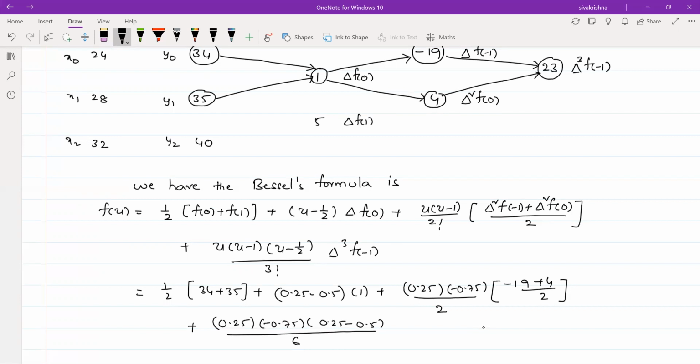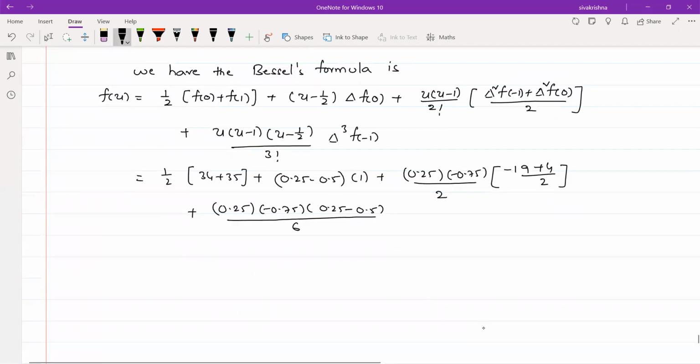The value of delta cube f of minus 1 is 23, so we have to substitute 23. I have substituted all the terms in the formula. On simplification, we get the value of f of 25 by 34.5928. So this is the approximate value of f of 25 by using Bessel's formula.